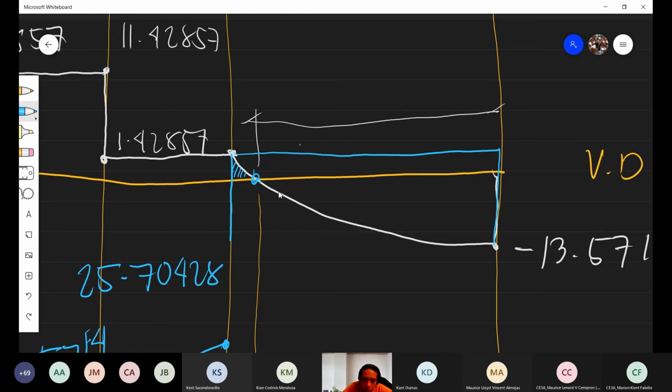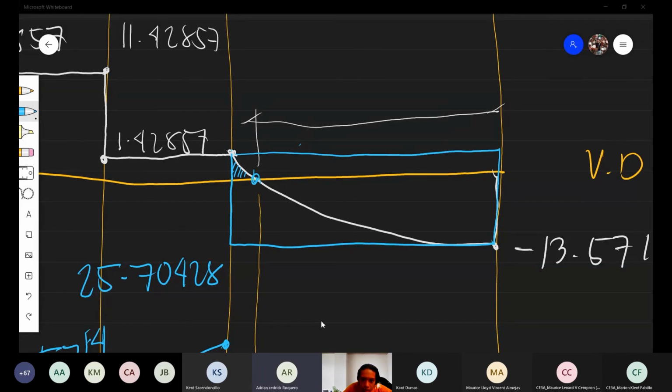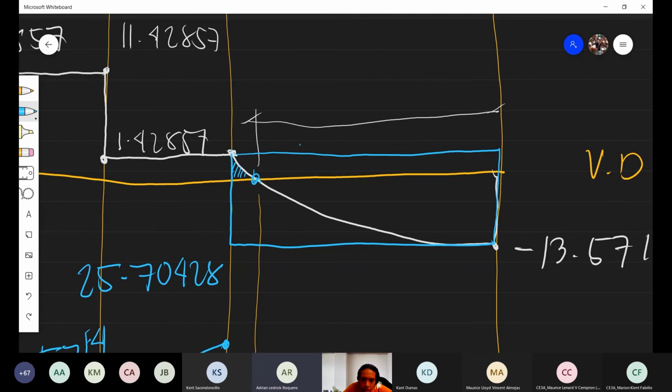Sir, the bigger spandrel is from the blue point, then the 1.13 area. So the area and the bigger spandrel. I'll shade this.